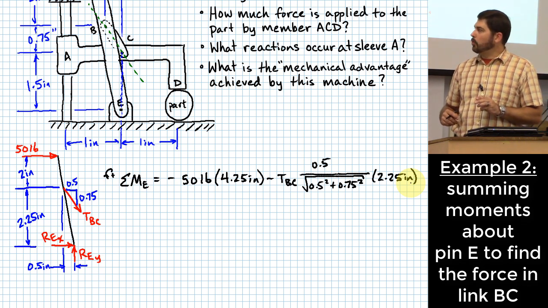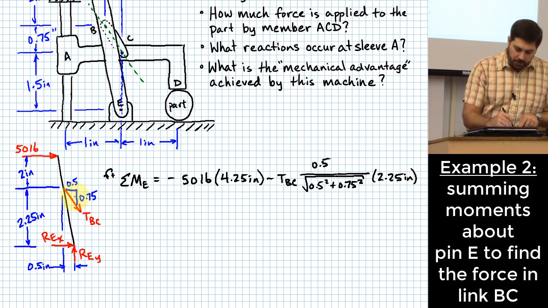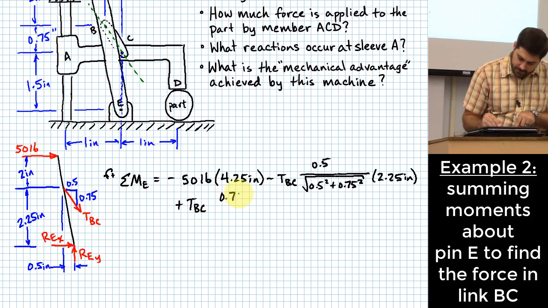I have one more component that I need to put in here, and what is that? The vertical component of TBC, which is going to be acting counterclockwise around E, right? So I need to add TBC. To get the vertical component, I'll do 0.75 over the square root of 0.5 squared plus 0.75 squared.